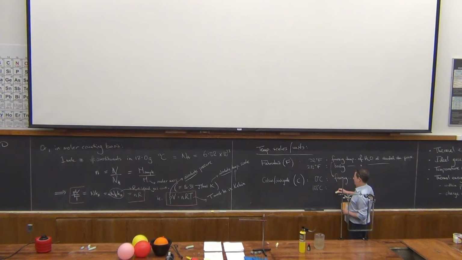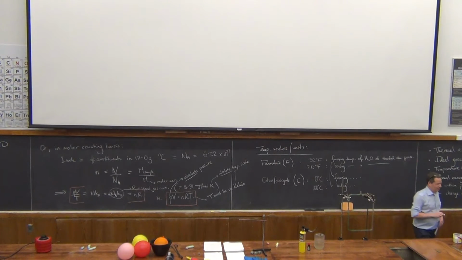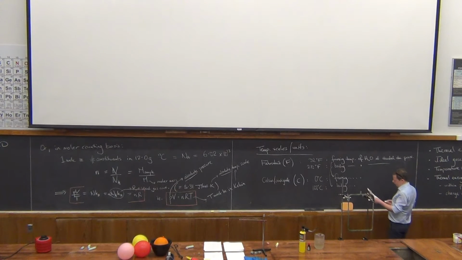It's a waste of time. And then 100 Celsius again is associated with the boiling point of pure water at standard atmospheric pressure. Okay? So those are two definitions of the Fahrenheit and Celsius scale. You can easily do a conversion between them based on that information.